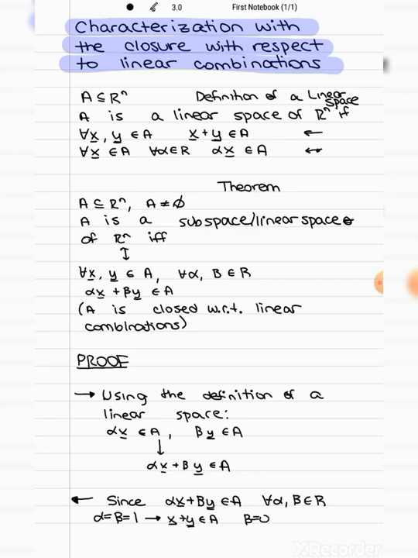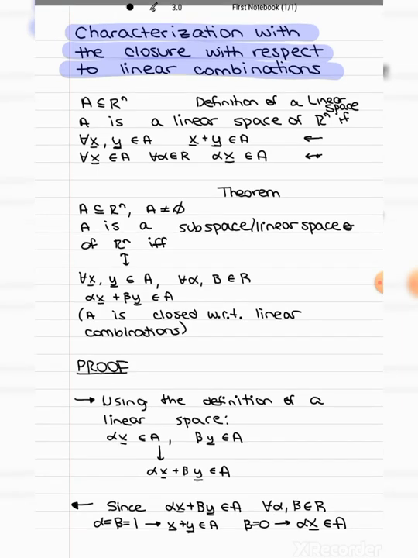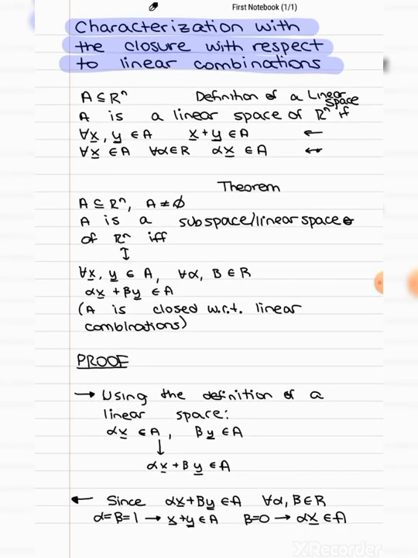So if beta equals 0, then we have alpha x plus 0y. So just alpha x must belong to A. And so we also proved in the opposite direction that if the set satisfies this condition over here, then it must also satisfy the condition stated in the definition above.